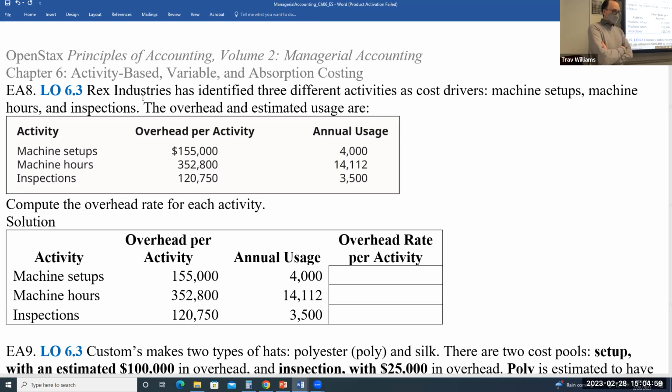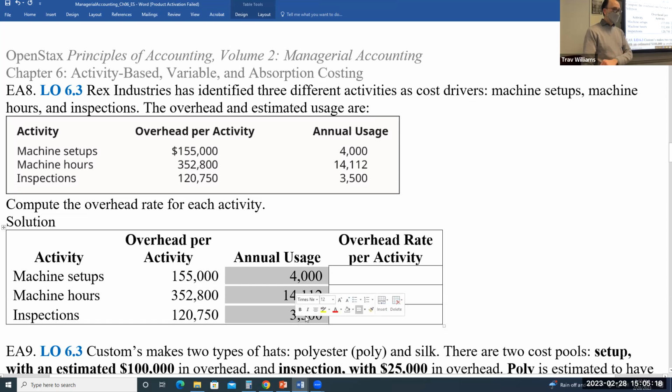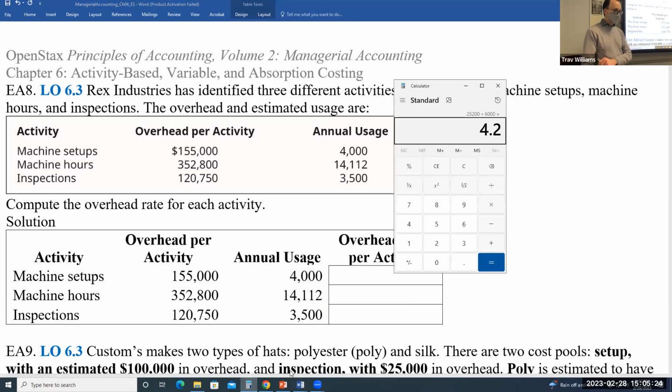Okay, so number 8. They have 3 cost drivers: machine setups, machine hours, and inspections. We have the overhead here, which actually already is down here for us. And we have the activity. So to get the overhead rate per activity, simply divide, right? That's pretty easy.